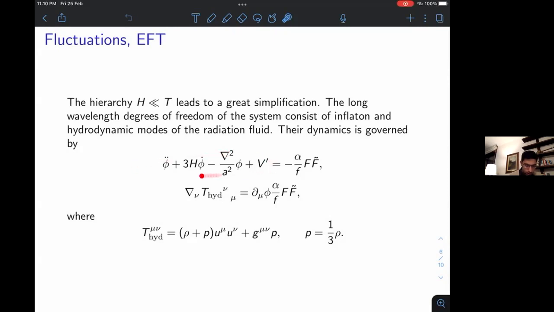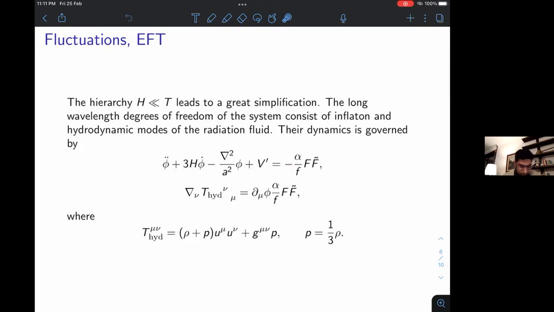One is the inflaton equation, just a scalar field, and I'm writing here the equations at lowest order in derivatives. And then the hydrodynamic fluctuations are described by the conservation of the energy momentum tensor. But again, to lowest order in derivatives, this would be the energy momentum tensor of a perfect fluid, which is this radiation fluid. Now, these two sectors are coupled to each other via this F F-dual coupling that we have.